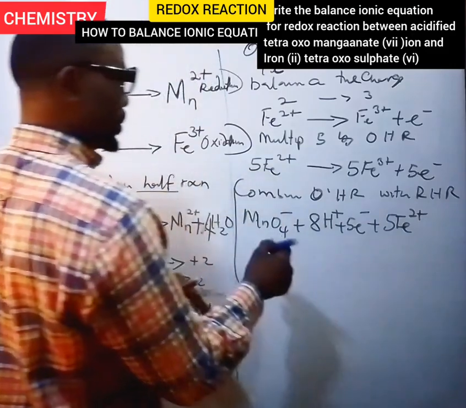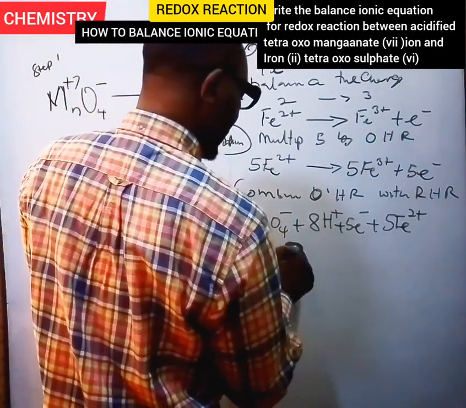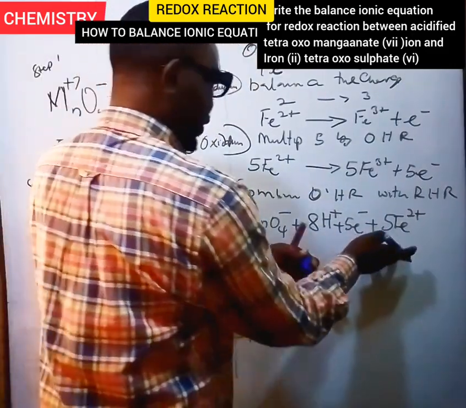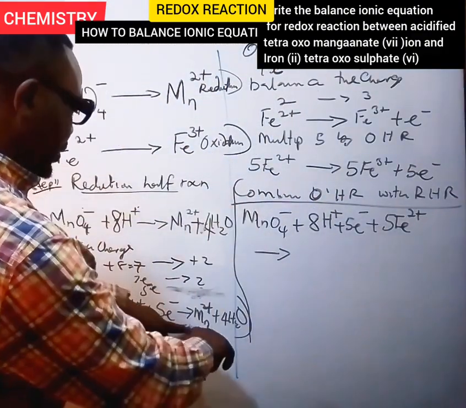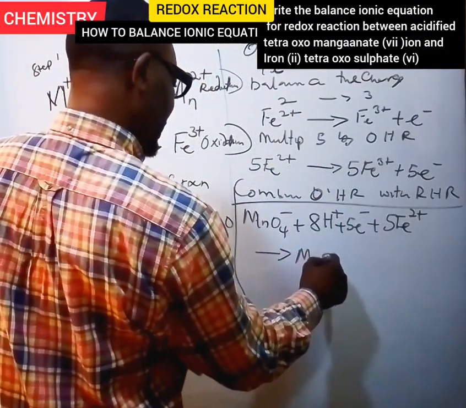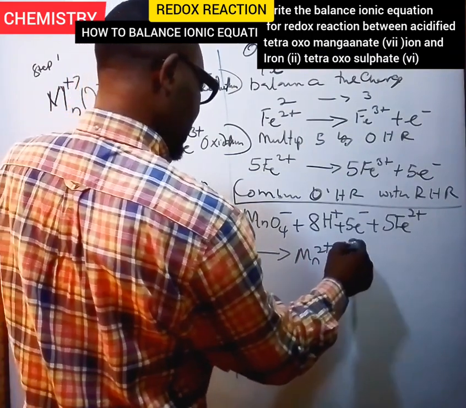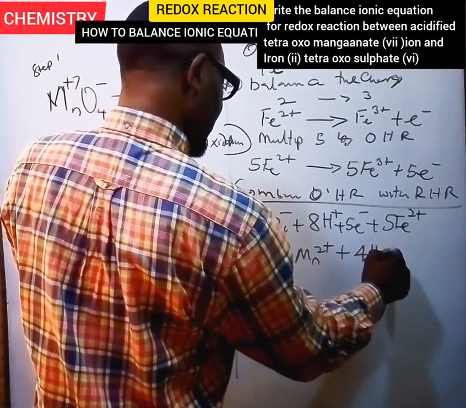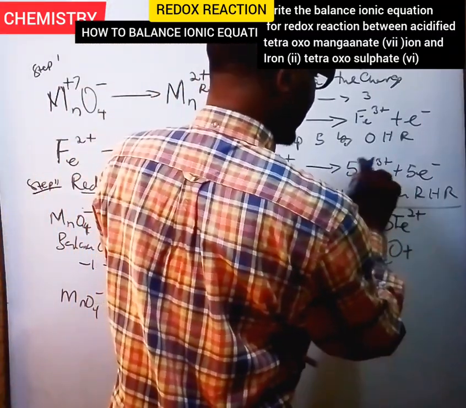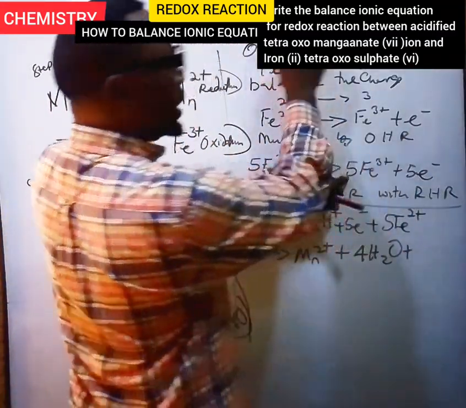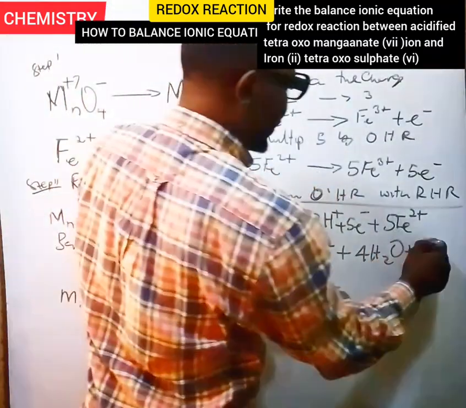This one leads to, at the product here, Mn2+ plus 4H2O, and at the product of the oxidation half reaction, 5 Fe3+ plus 5 electrons.